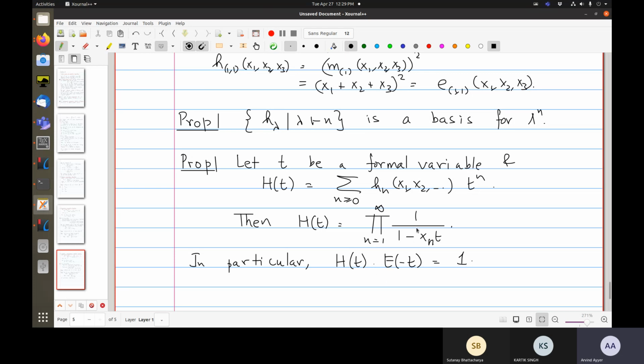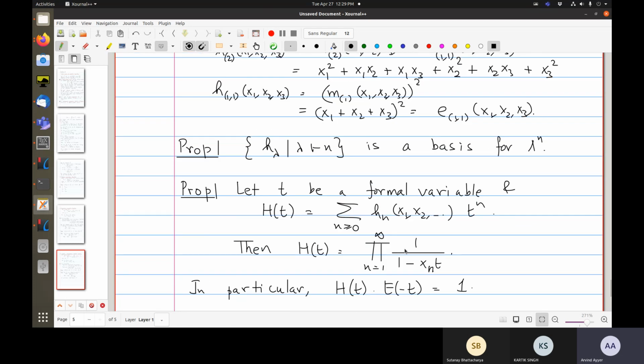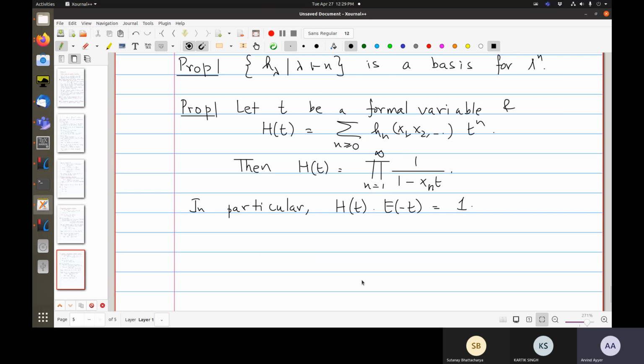Because if I set t to minus t over here, I'll get 1 minus x_n t, and that cancels this. Okay. So that gives me the third basis.